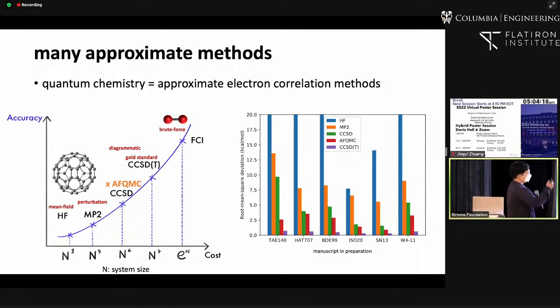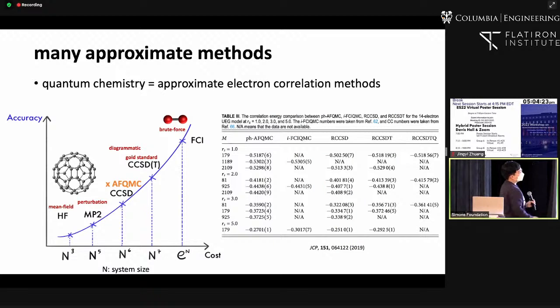I want to also point out another example where we compared, several years ago, AFQMC versus coupled cluster methods for the uniform electron gas, which is a prototypical model for metallic systems. In particular, the point here has 900 or so plane waves. If you look at these numbers, FCIQMC is formally an exact number for this parameter regime, and you can see that AFQMC is even more accurate, closer to the exact benchmark number than CCSD with full triples.